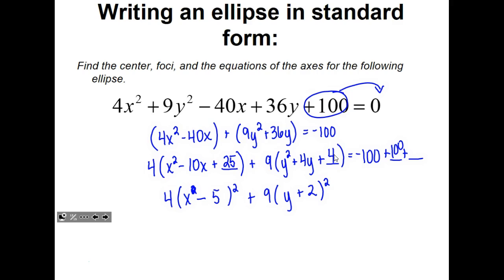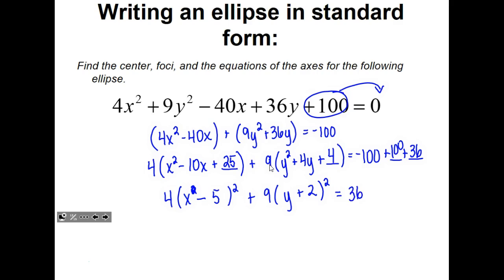But be careful, before we add the 4 to the other side, we have to multiply it by this 9 that's out here, because that 9 would be distributed to everything in the parentheses. So 4 times 9 is going to give you 36. So over here on the right-hand side, I've got negative 100 plus 100, which is 0, plus 36. So I get a 36 over here.